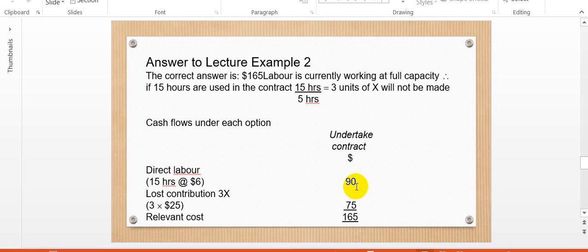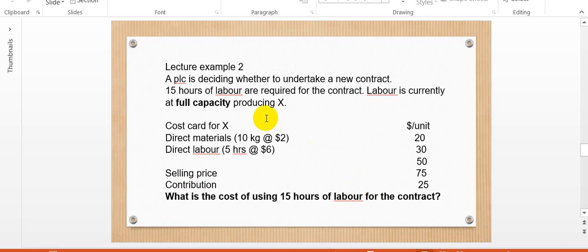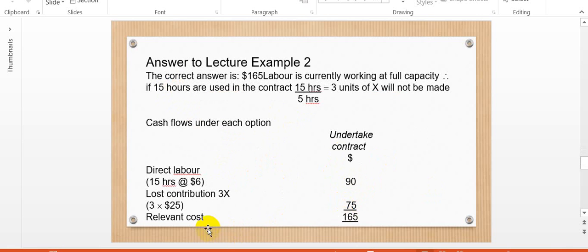And since 5 hours gives us a contribution of $25 per unit, and there are 5 hours in 15 hours, so 15 divided by 5 will give you 3, so 3 times 25, so the lost contribution will be 75. So the total relevant cost will be $165.